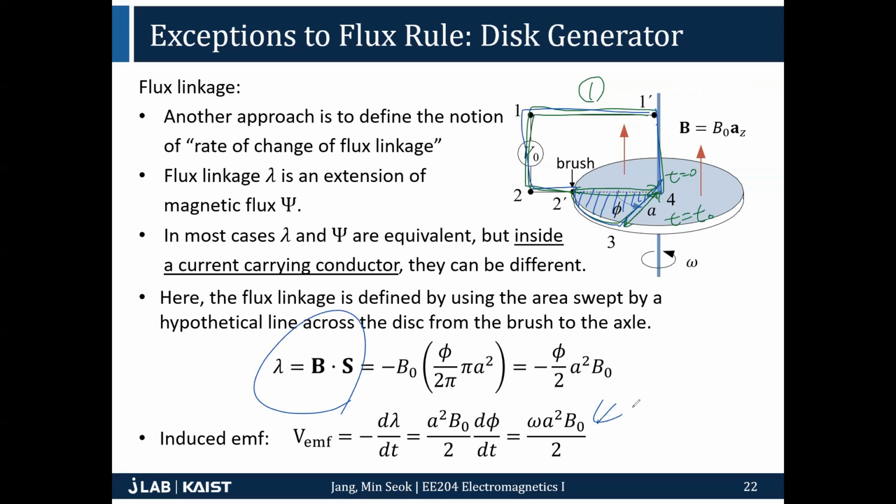Okay, so this sounds not completely unreasonable, right? But at the same time, it's a bit arbitrary, drawing a hypothetical line and then cutting through the magnetic field. So I personally don't like this type of argument, this type of definition, because I still think this is a bit ambiguous.